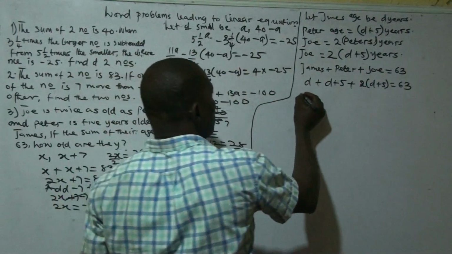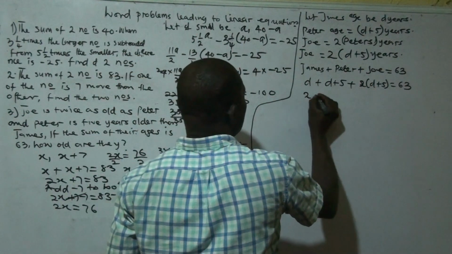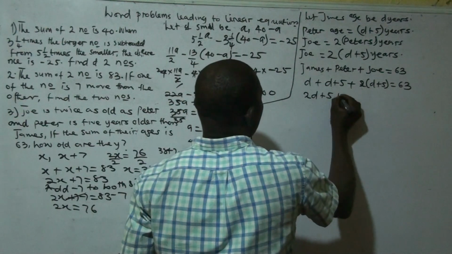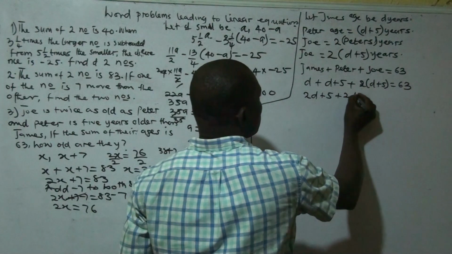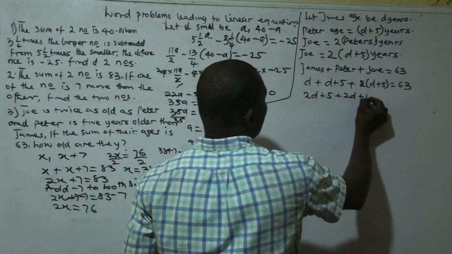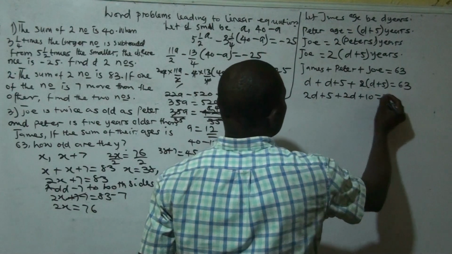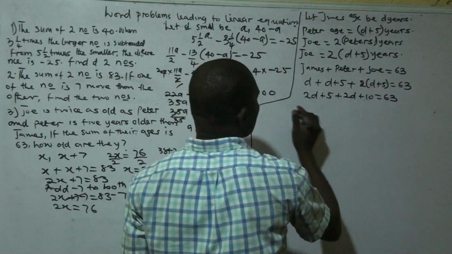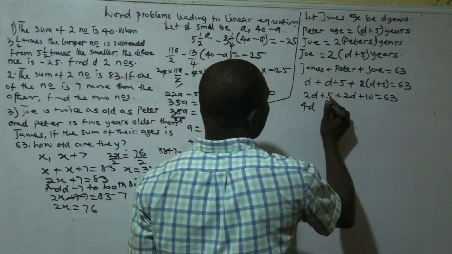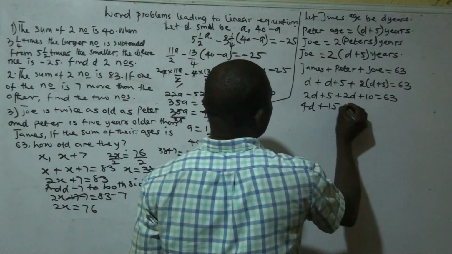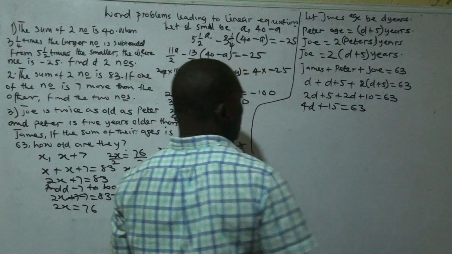So D plus D gives 2D plus 5. 2 times D, opening the bracket, becomes 2D. 2 times 5 gives us 10, is equal to 63. So 2D plus 2D gives 4D. 5 plus 10 gives us plus 15, is equal to 63.